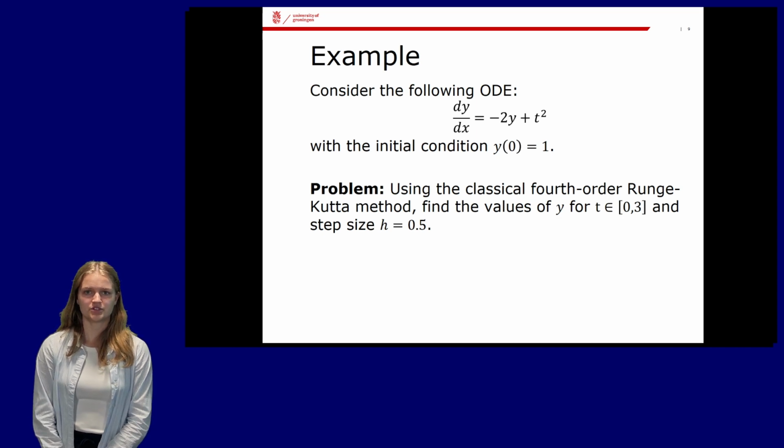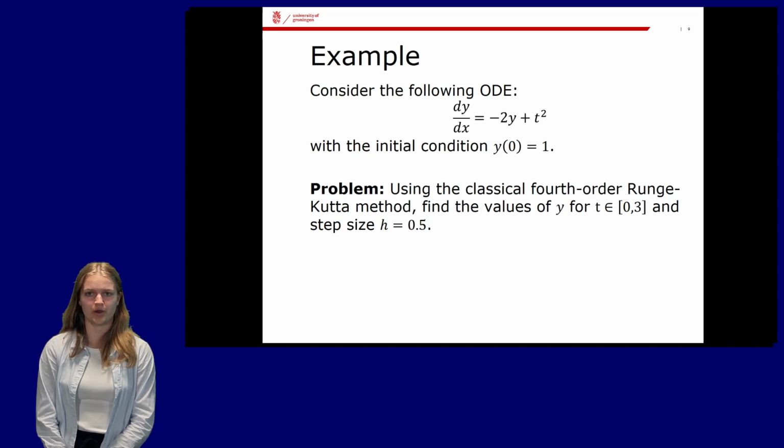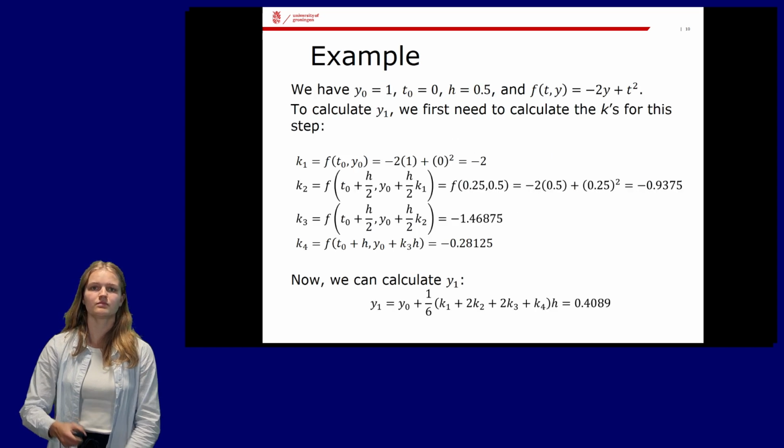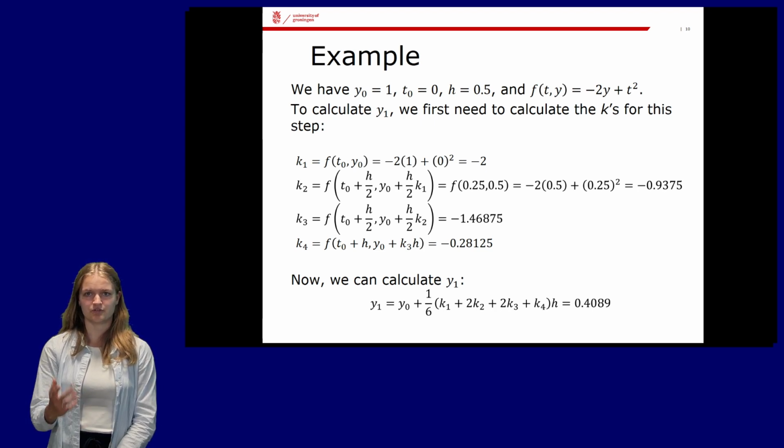And now we want to use this fourth order Runge Kutta method to obtain a solution for y on the domain from t equals 0 to 3 with step size h equals 0.5. So we have these values of y0, t0, and h, and this function f of t and y.